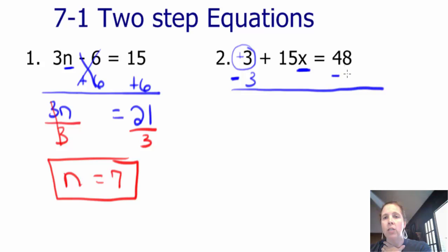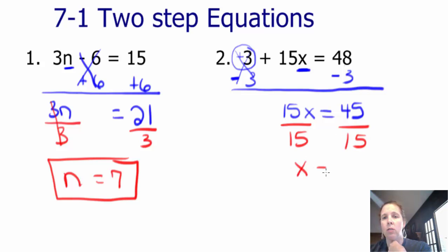What you do to one side, you do to the other. So this cancels. We have 15x equals 45. Now it's 15 times x equals 45. Divide by 15. X equals 3.